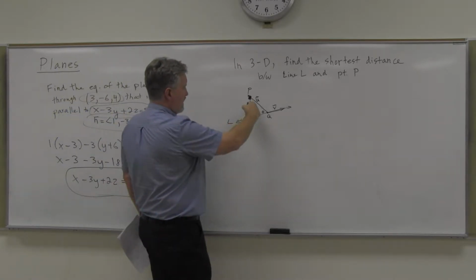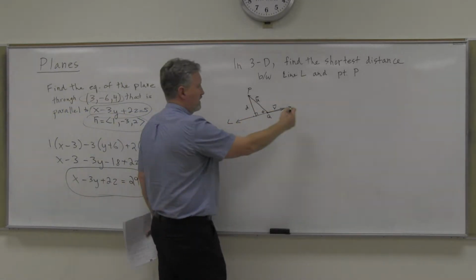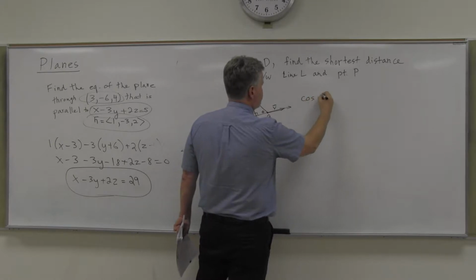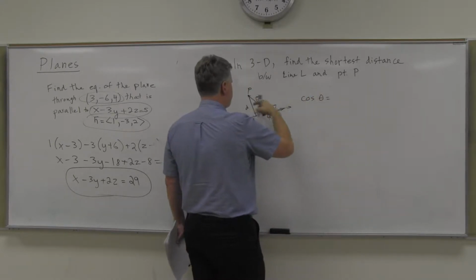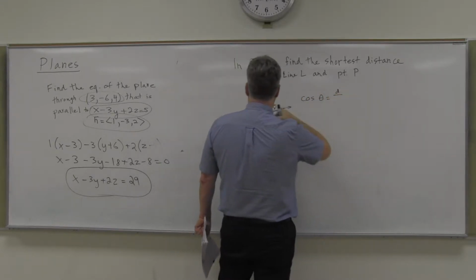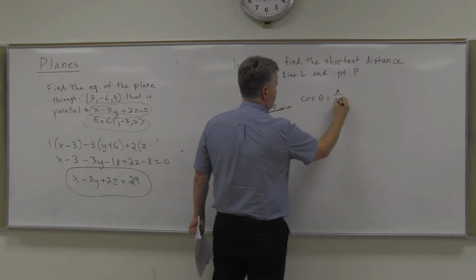Well, that would be opposite over hypotenuse, right? So cosine of theta is the opposite, which is D, divided by the hypotenuse, which is the magnitude of U.